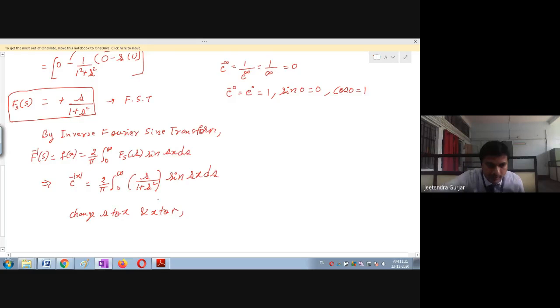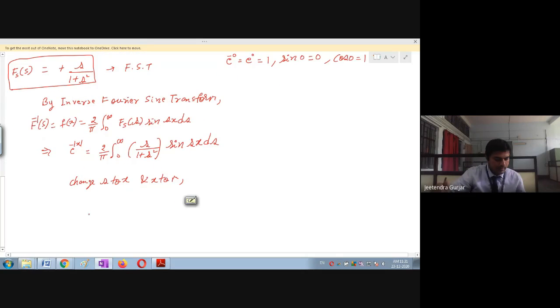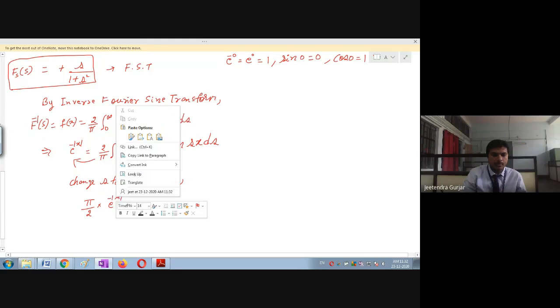Okay, let us see. So I will take this 2 by pi to this side, so 2 will come in the denominator and pi will go to the numerator, so it will be pi upon 2, into e raised to minus mod x, and x is going to change to m, so I'll substitute mod m.